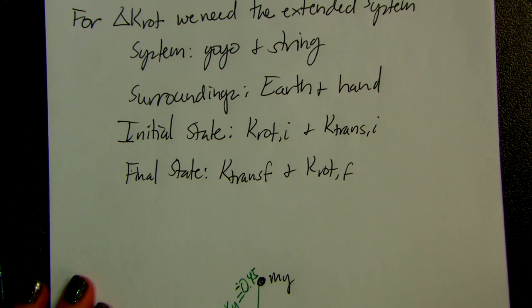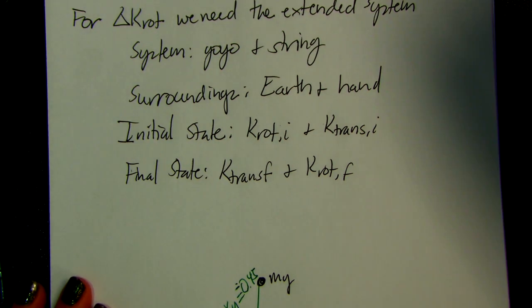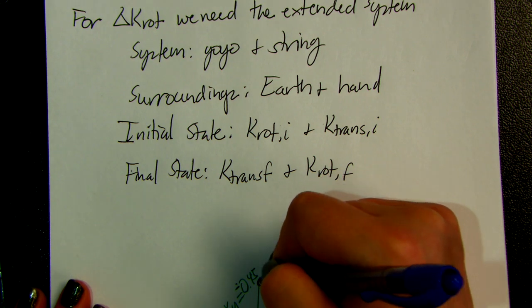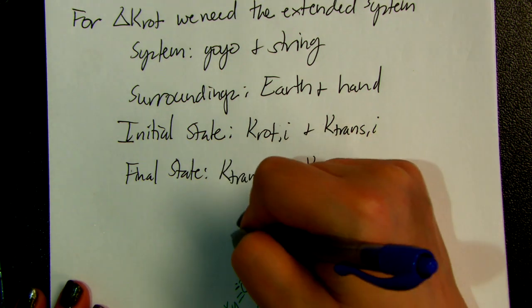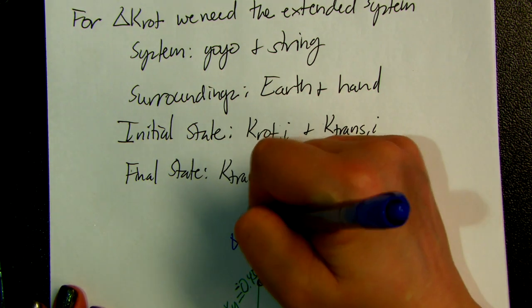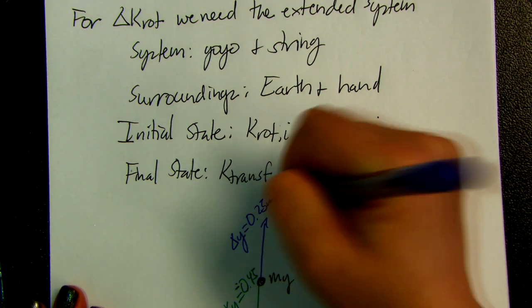And we also, as a part of the system, we've got the hand. So the hand is displaced some delta y, 0.25 meters.